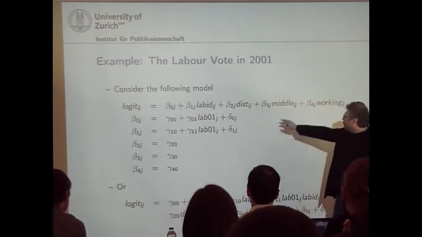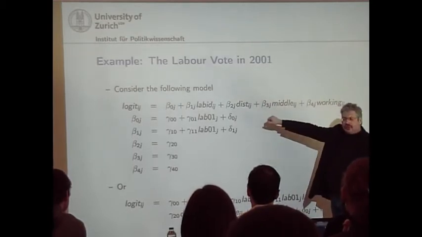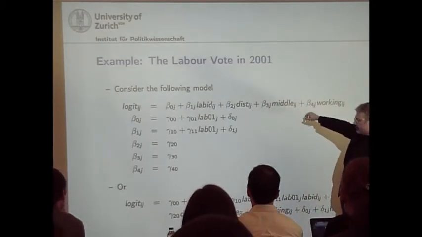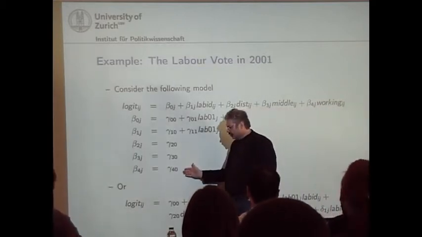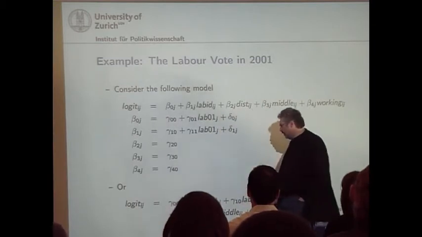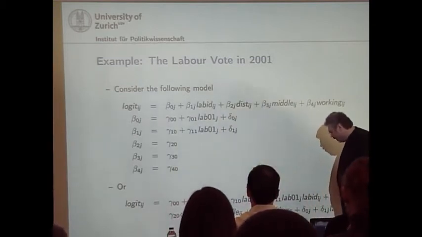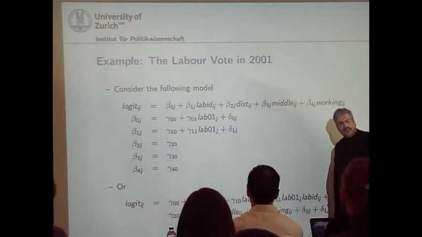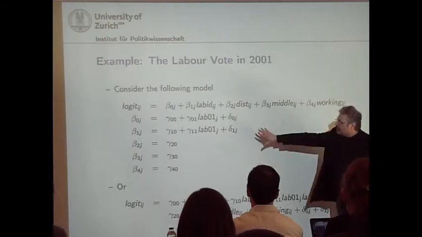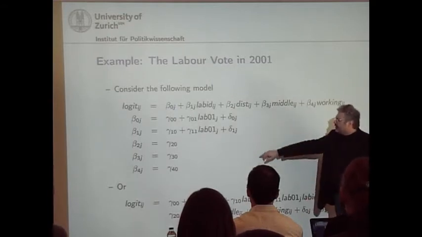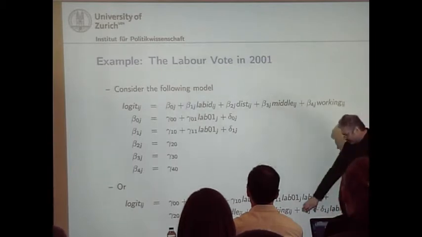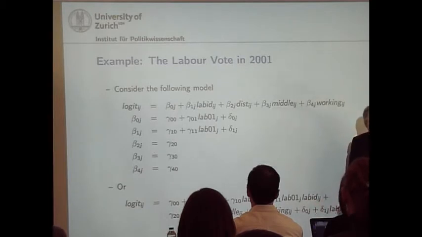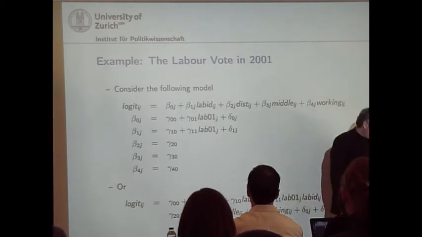All of the other ones here, ideological distance, belonging to the middle class, belonging to the working class, I have constrained to be fixed. So this then effectively is the model that we get, the mixed model. We substitute these equations into the level 1 equation. We take the expected logit, which means we can get rid of the last two terms, and then work with it.